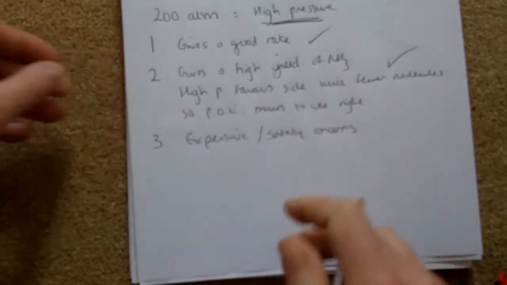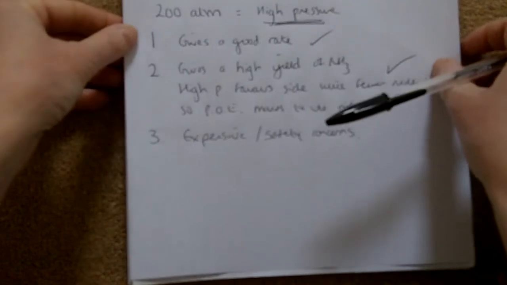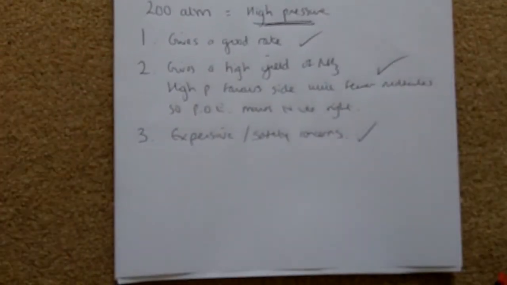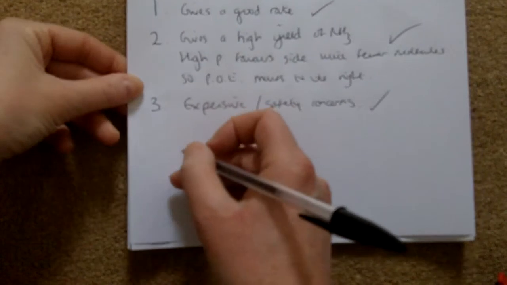You've got gases under high pressure, you need special equipment, everything needs to be thicker and better quality, so that is a disadvantage. But those are the 3 marks for high pressure. And then you do the same for temperature. They use a temperature of between 400 and 500 degrees.